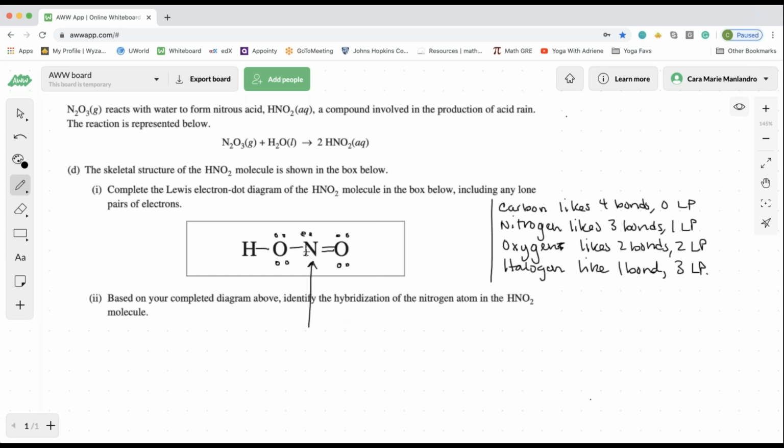Well, what I'm going to do is define a thing to be equal to a lone pair or an atom. How many things are attached to that nitrogen, where a thing is a lone pair or an atom?